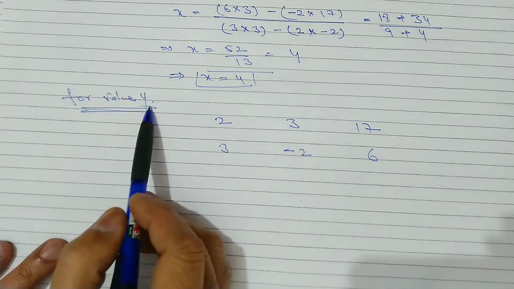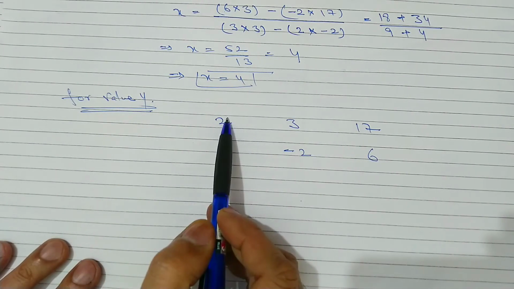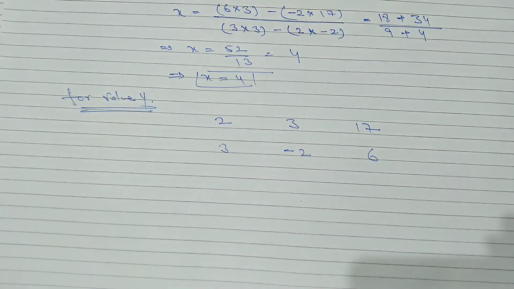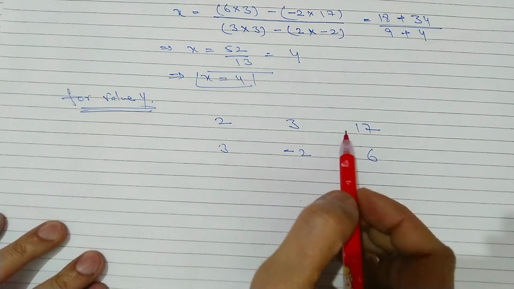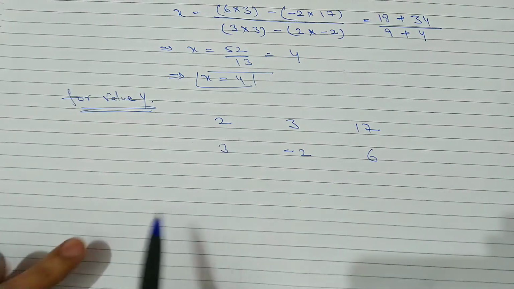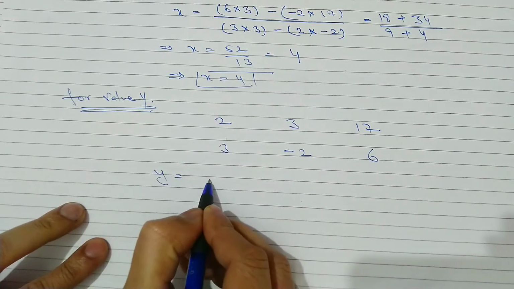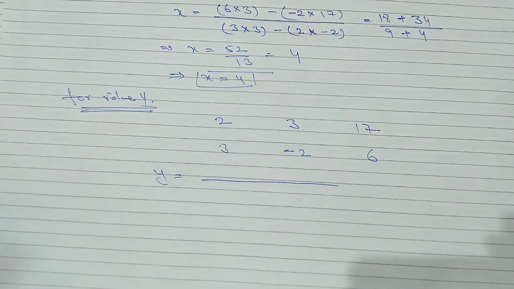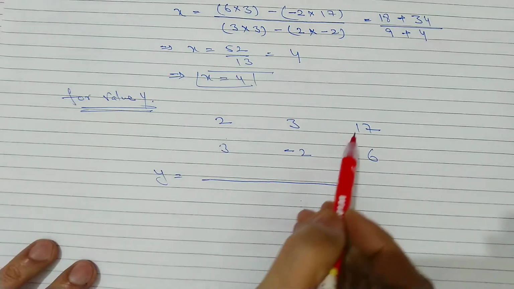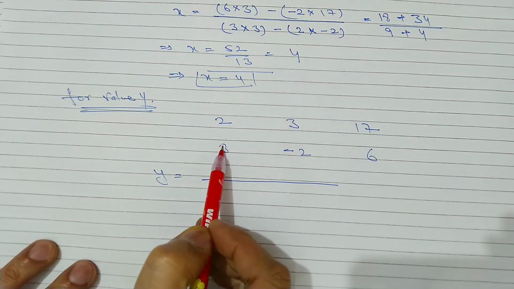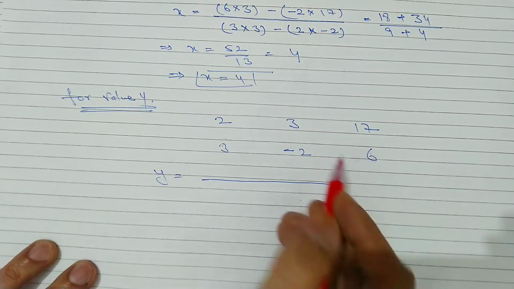For calculating value y, we start with the coefficients of x. First, y equals to, for numerator, 17 into 3 minus 2 into 6.